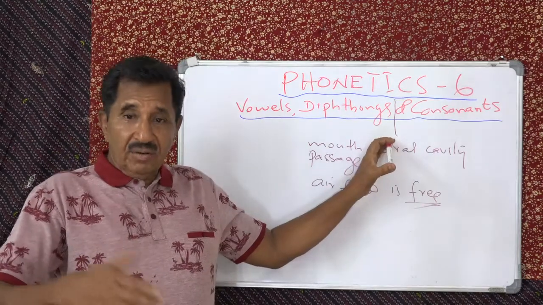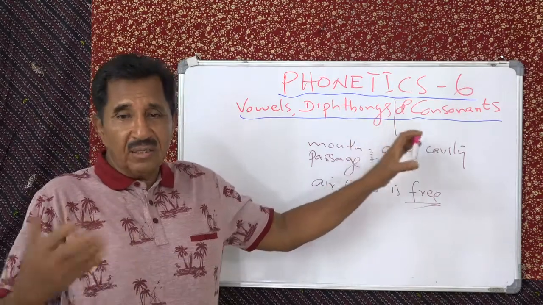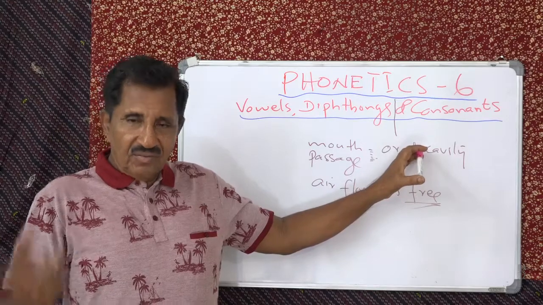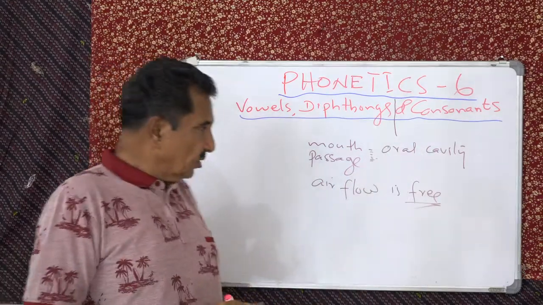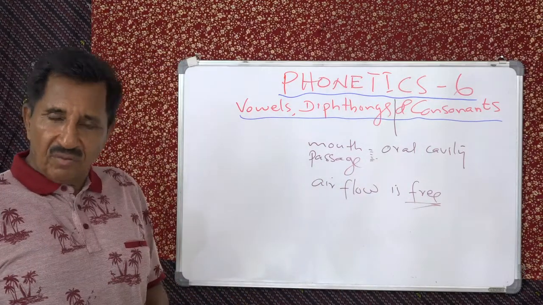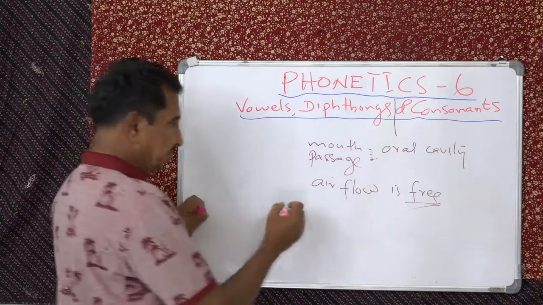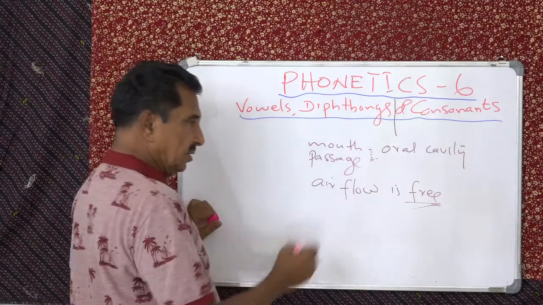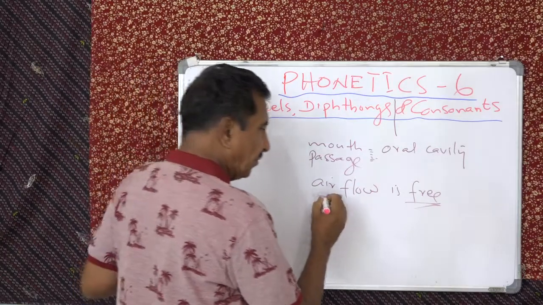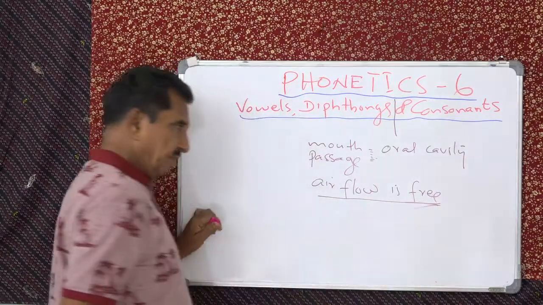Within vowels you can have a division, vowels and diphthongs. So what is the definition of a vowel? A vowel is produced with the airflow free.